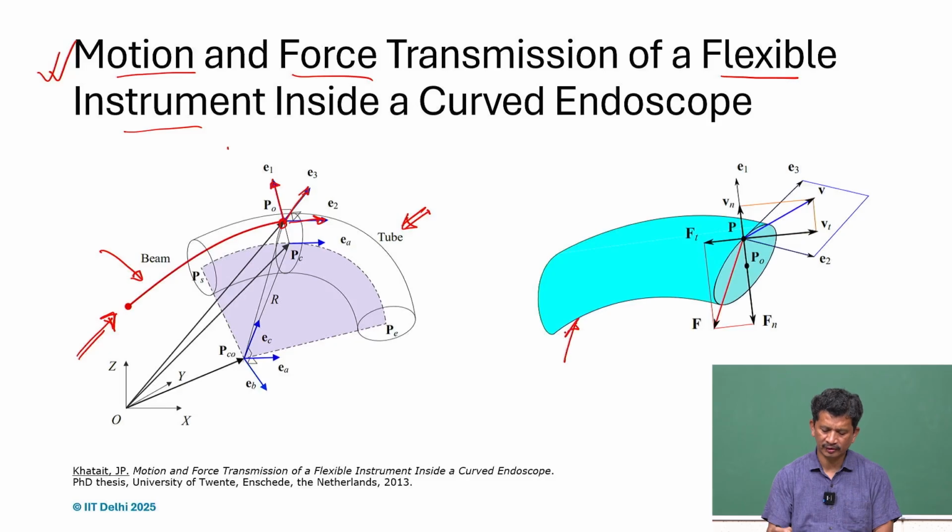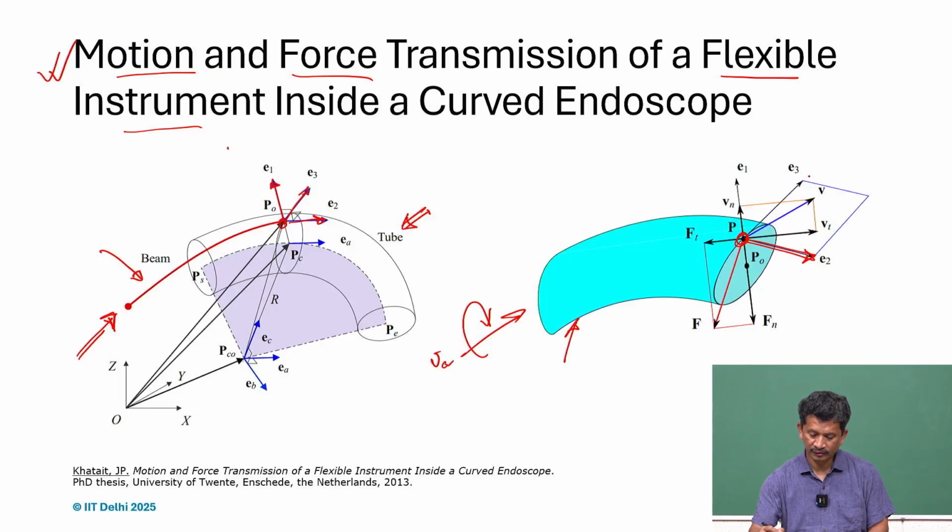Now we enlarge, and suppose it is making contact at P, and at this end you are pushing and at the same time you are also rotating. So suppose this is the axial direction defined. This is the pure translatory motion Va, and then you have E3 defined also.